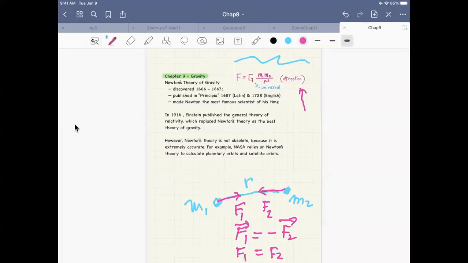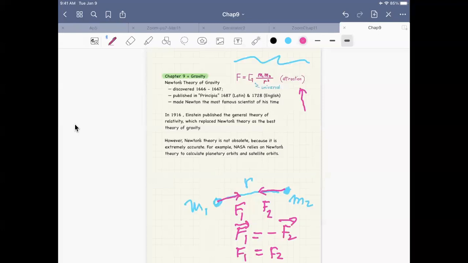There's a universal constant G, which is the same for any two masses in the universe. It's the same for the Earth and the Sun, the Earth and the Moon, the Earth and you. It's a universal constant, and that's called G.